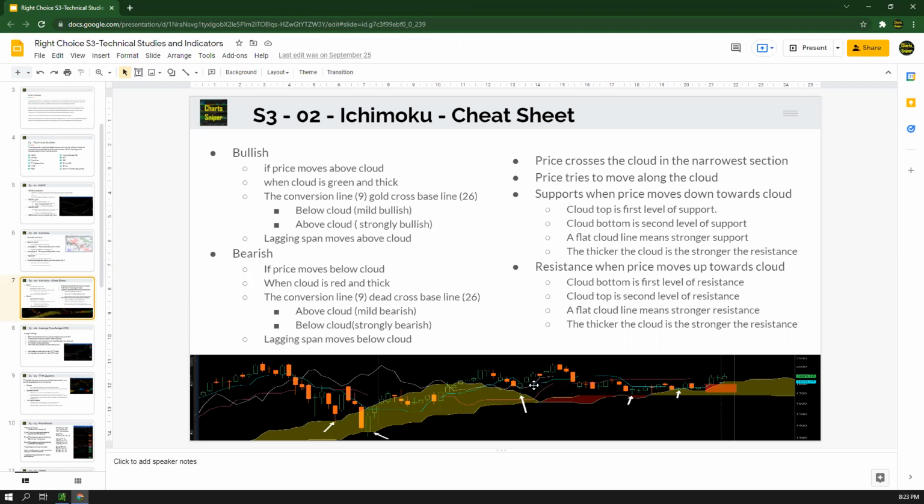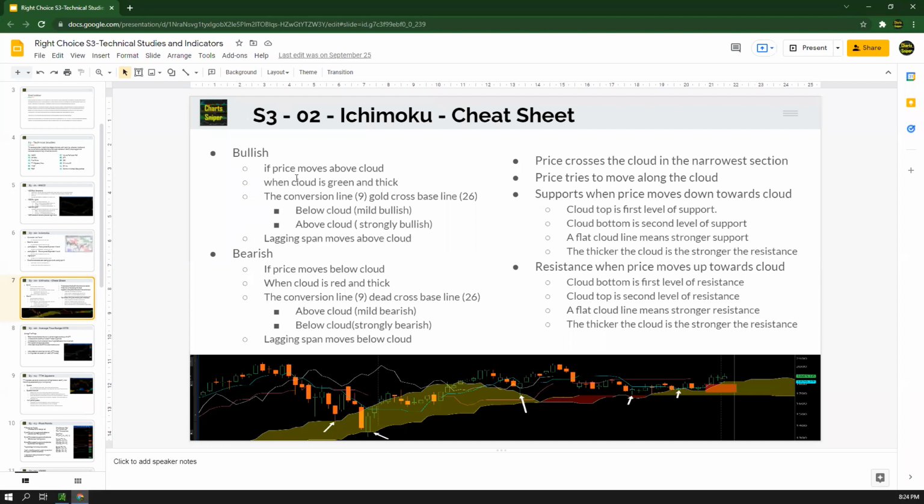That crossover could happen when it is above the cloud and below the cloud also. Depending on where exactly it happens, it might be mildly bullish or strongly bullish. And then the lagging span, the Chiku that we talked about, also moves above the cloud. So these are the different settings.